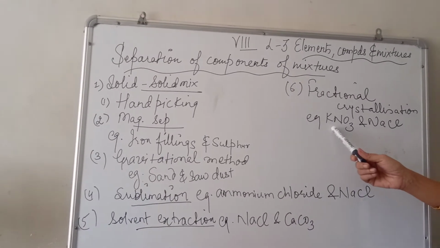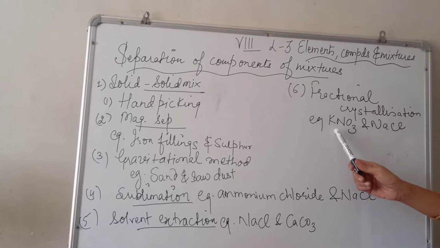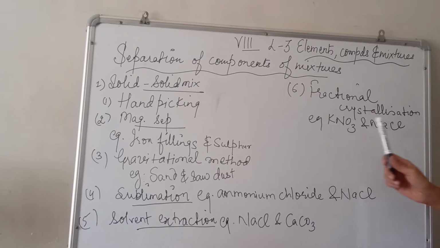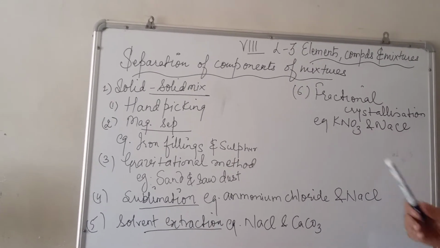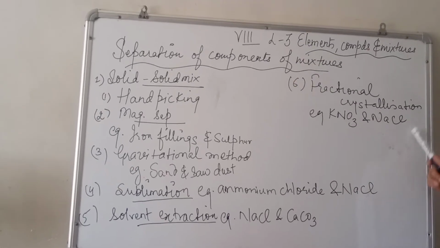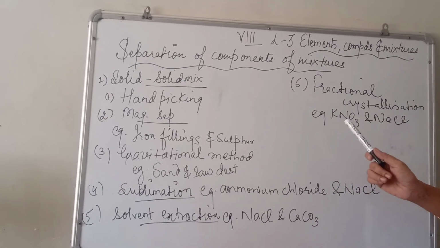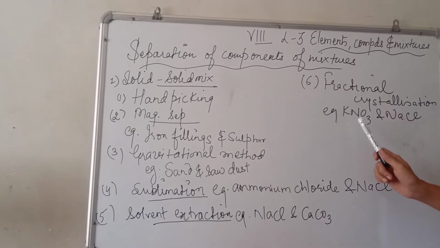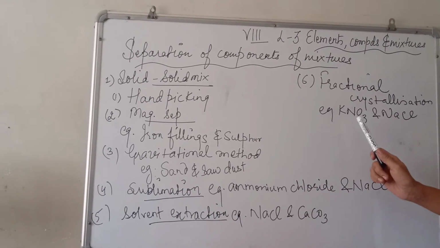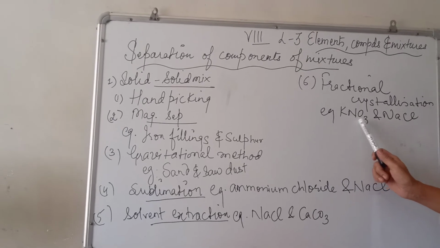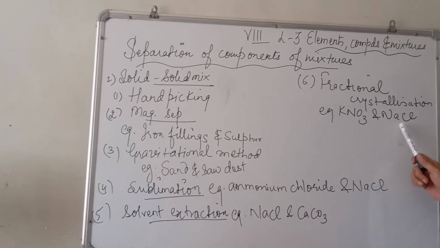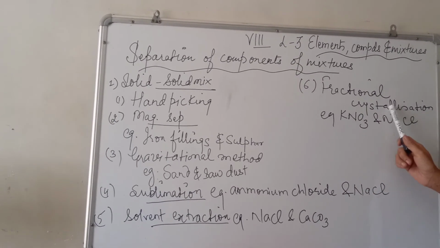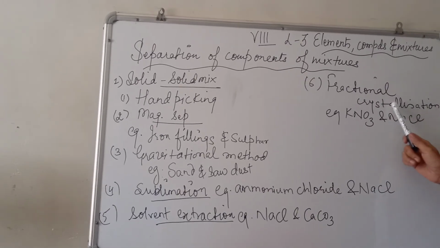For example, if we dissolve both of these, the solubility of one is more in water than the other. When we prepare a saturated solution of this mixture, this one gets dissolved first and it crystallizes out on cooling. So we can separate the mixture of potassium nitrate. Again, we do the same process and can crystallize the crystals of sodium carbonate.